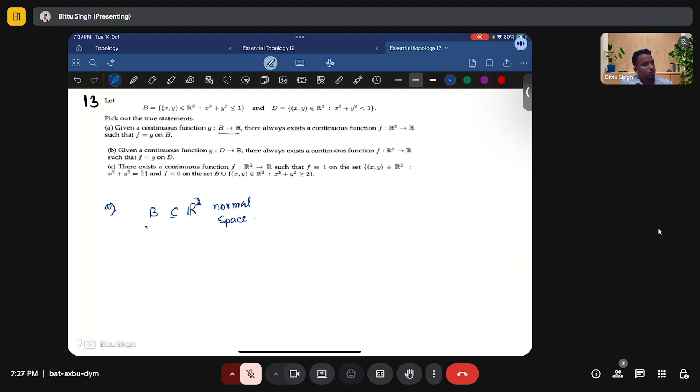B is actually closed. So we can use Tietze extension theorem.